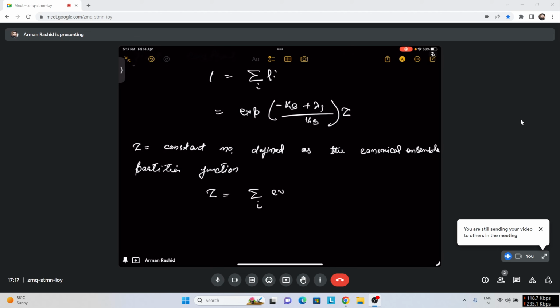Okay, so z here is a canonical ensemble partition function which is given by exponential lambda 2 by kb into ei.